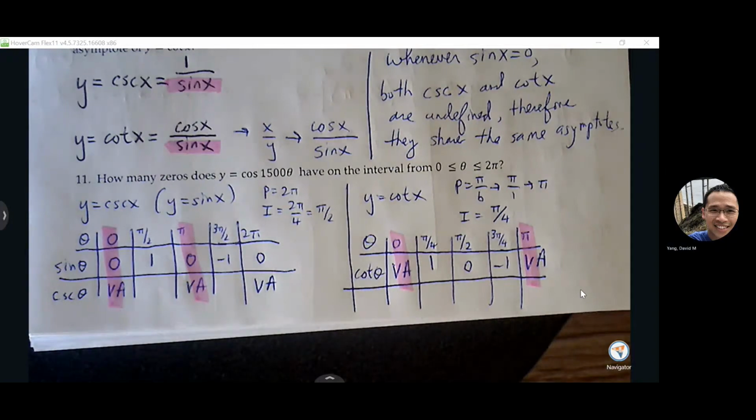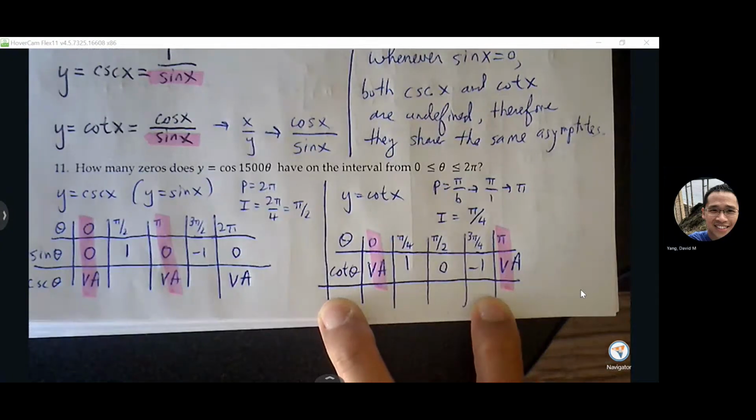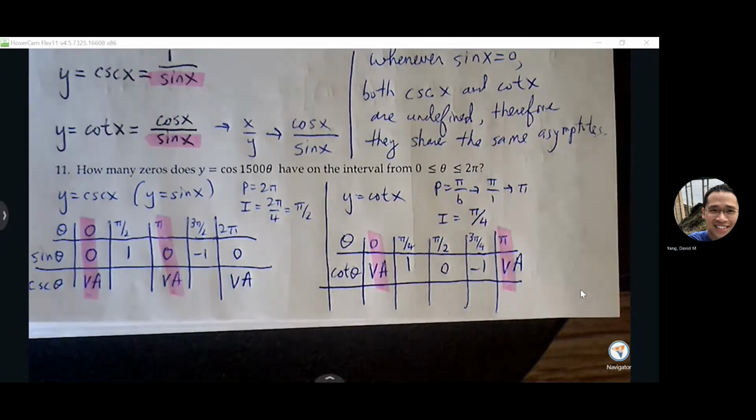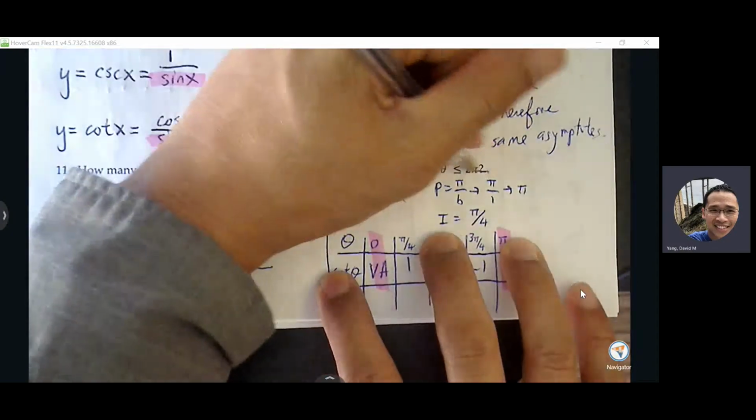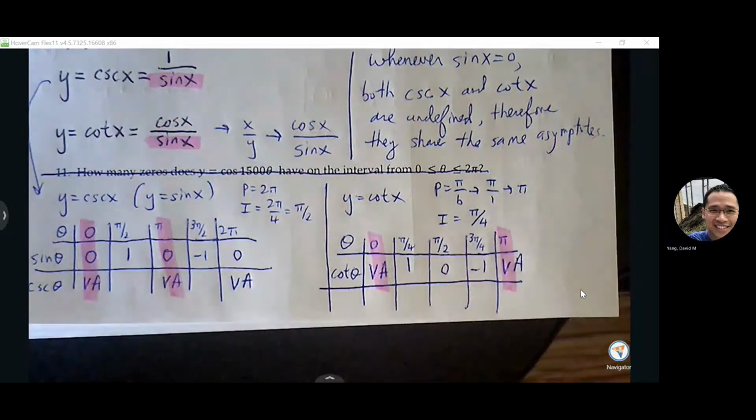Shift. Sorry? Wait, to shift the cotangent because it's asking for 0 to 2 pi. Oh, sorry, we're crossing out number 11. I was showing this from number 10.